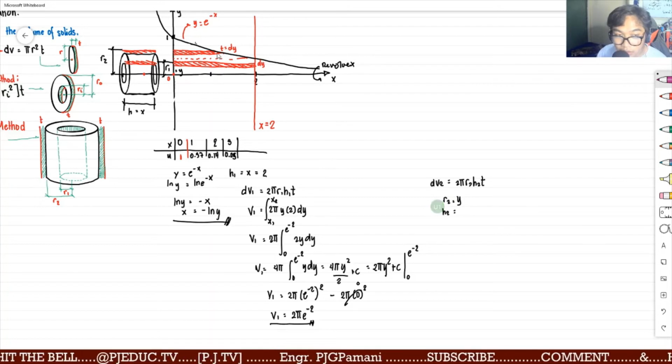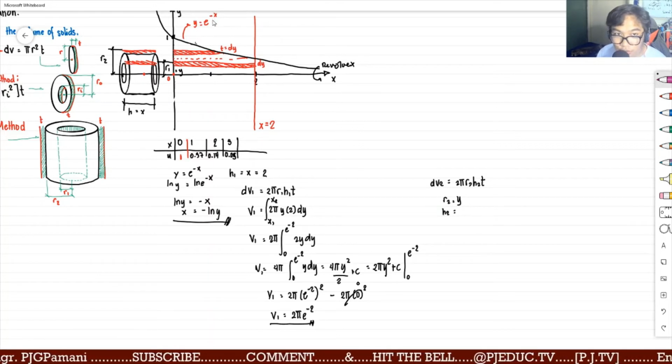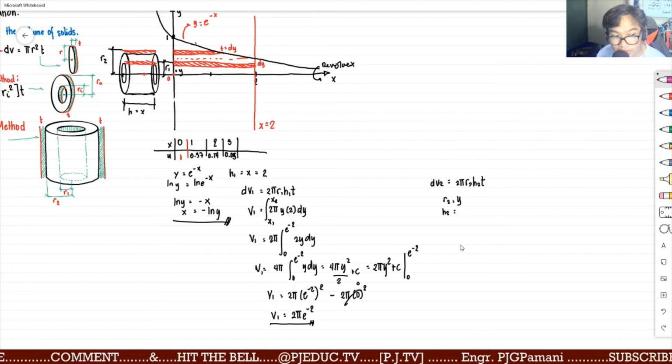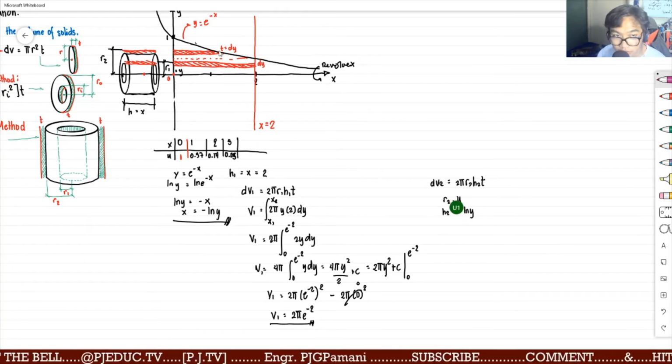And what is h2? This is our h2, from 0 to y, e raised to negative x. In terms of y, in terms of x, that is simply equal to negative ln y. Earlier, h1 is 2.